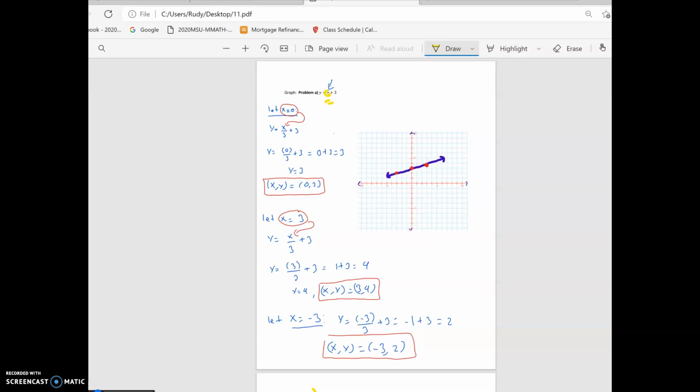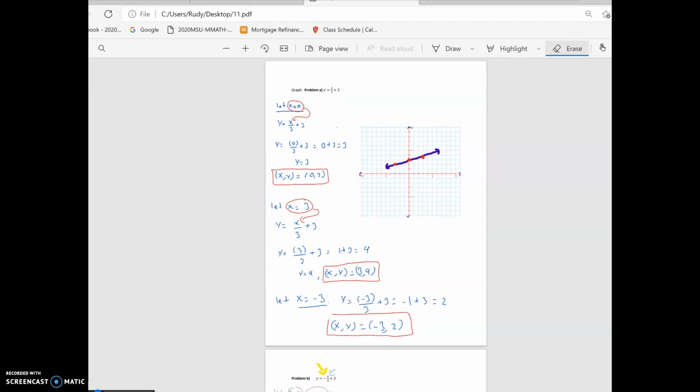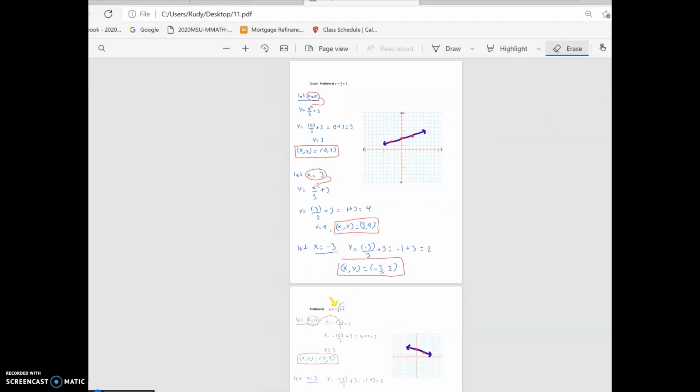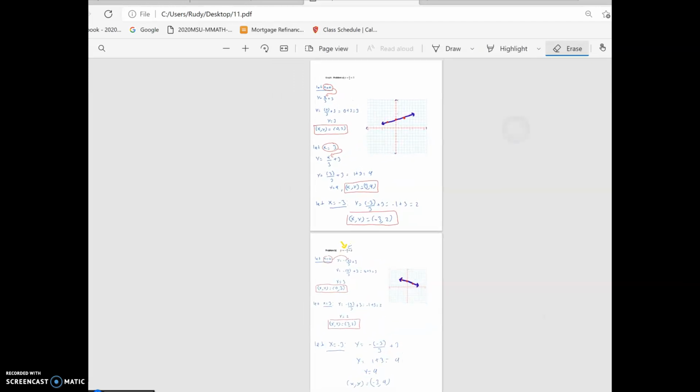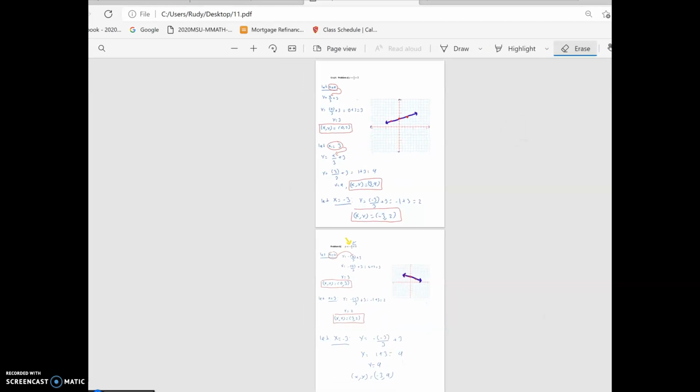This value here, I just erased that, is what dictates the direction of the graph. And that's going to be covered in another problem where we talk about slope. So I'm referring to the slope of the line. If the slope is positive, your line is going to go increasing. If it's negative, it's going to go decreasing. And that's actually it for this video.